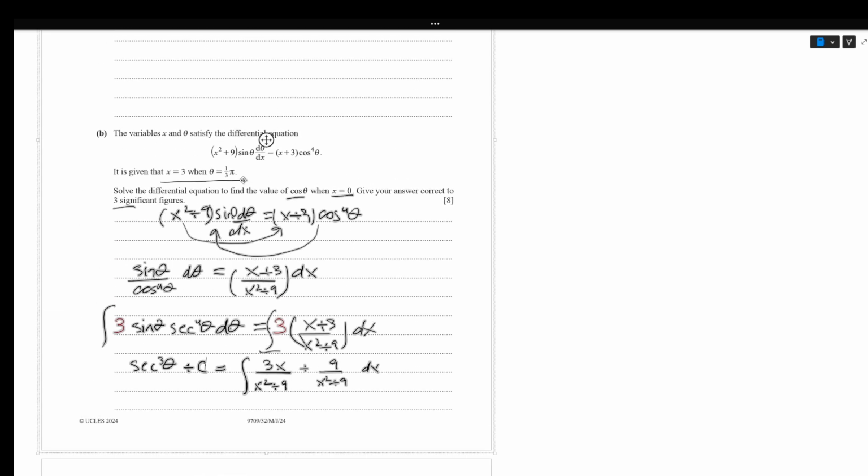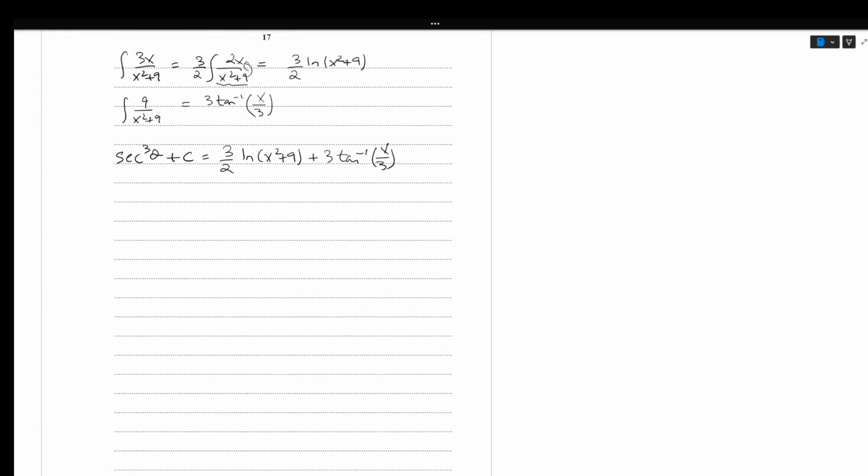अब c को रिजॉल्व करने के लिए हमारे पास एक सेट ऑफ इंफॉर्मेशन गिवन है कि when x is 3, theta is pi by 3.